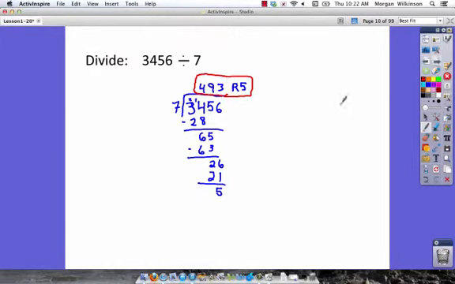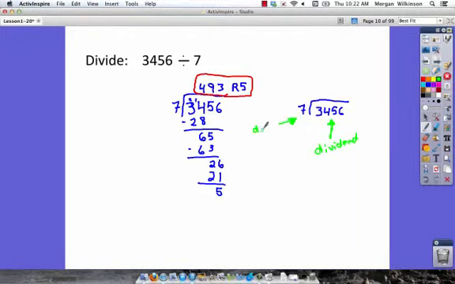Now, whenever we have a division problem, and I'm going to rewrite this one, we've got 3,456 divided by 7, and we've got our answer right over here. We have some vocabulary words that we need to know. This number in the box, it's great to say a number is in the box, but we want to be more specific. This is called the dividend, D-I-V-I-D-E-N-D. The 7, the number out of the box, you can call it that, but you need a technical term as well.